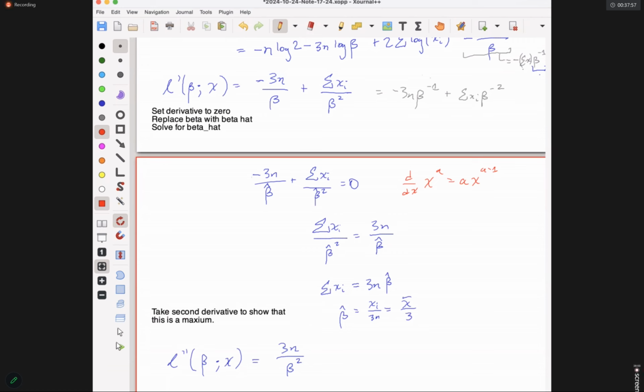If I'm looking at, for instance, the derivative of beta to the negative first with respect to beta, I just bring that negative 1 out front, and then I have beta to the negative second. And I'm multiplying that thing by a negative 3n, and that gives us what's right here. Does that make sense?